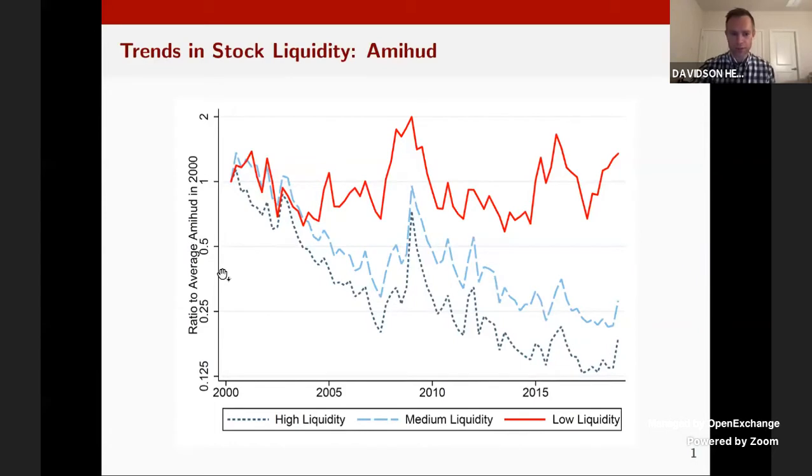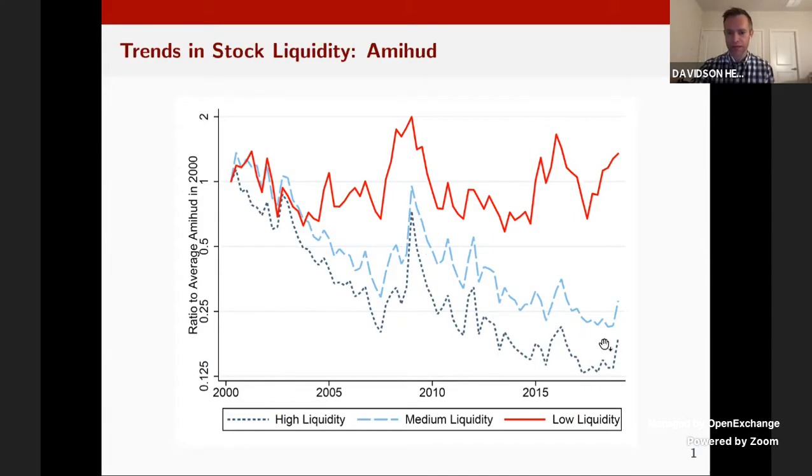You can see that in the last 20 years, in the most liquid and medium liquid terciles of common stocks, there's been a significant improvement. This is on a log scale, you'll notice. So this is actually an 8-fold improvement, starting all three out on the same baseline at 1, okay?